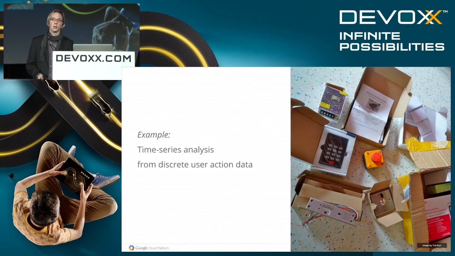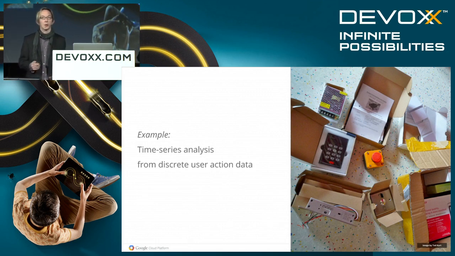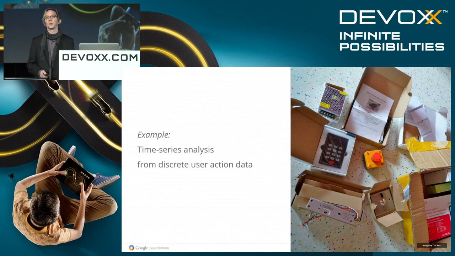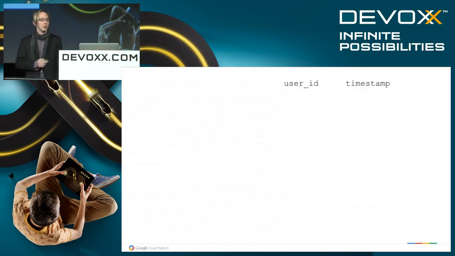What this turns out to be is a type of time series analysis over discrete user action data. Now here we're talking about a secret research lab because it's kind of fun to talk about secret research labs, but you can also imagine this in the context of users taking actions on your website or users interacting with your software. So let's take a look at what the data here looks like.